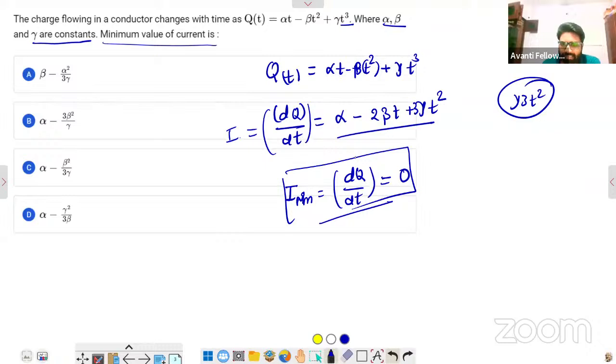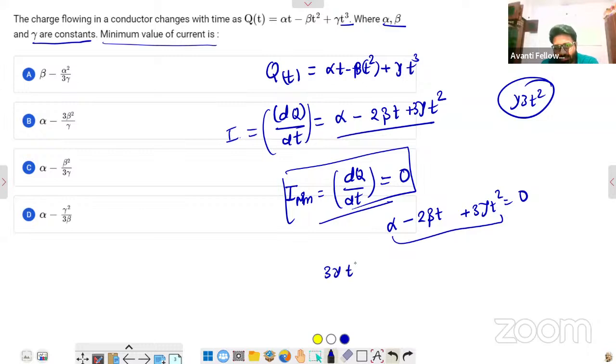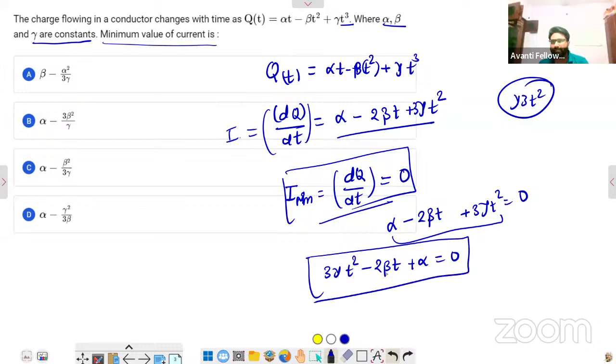Now when you apply this condition, it becomes alpha minus 2 beta t plus 3 gamma t square equals 0. So what is this? This is a quadratic equation: 3 gamma t square minus 2 beta t plus alpha equals 0.